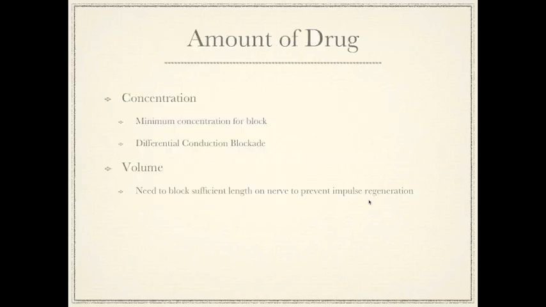local anesthetic. So also the amount of drug you use is important. You have to use a sufficient concentration to actually block pain. And keep in mind the differential conduction blockade. There's an order as to which nerves are blocked, and you want to make sure you block the pain response. Also, you need a sufficient volume to block the nerve impulse.